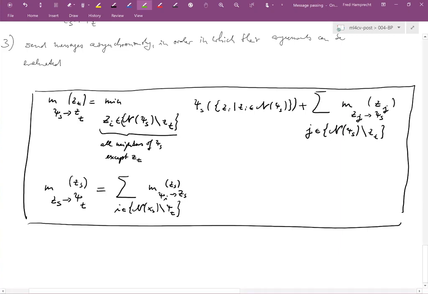Then we are adding to this the potential, or what the factor itself thinks about the random variable that we're sending to being in a particular state.